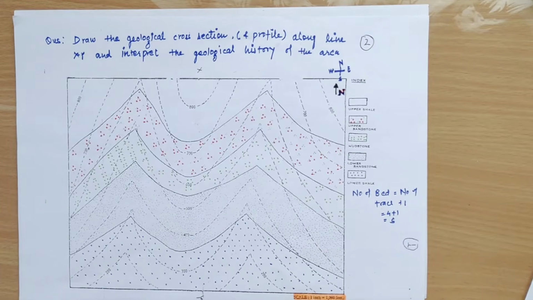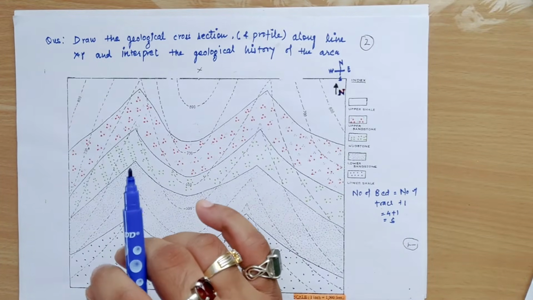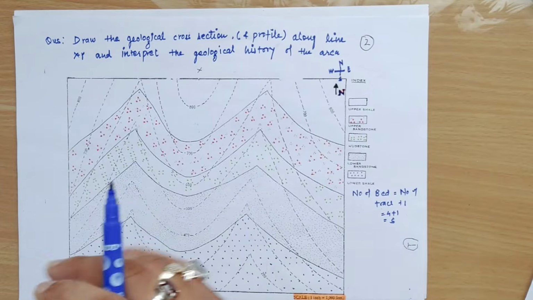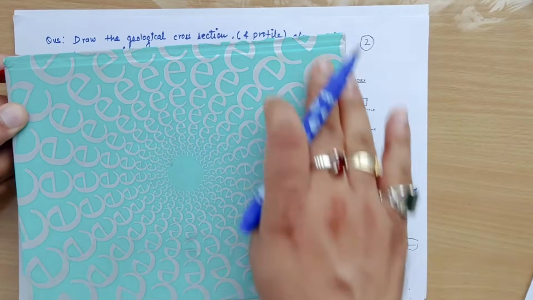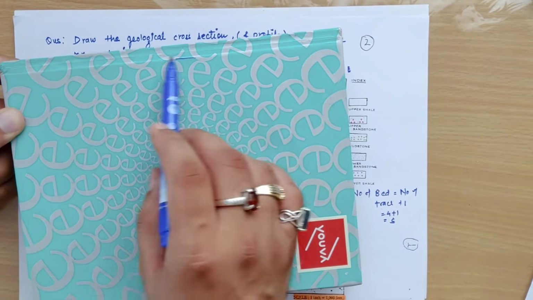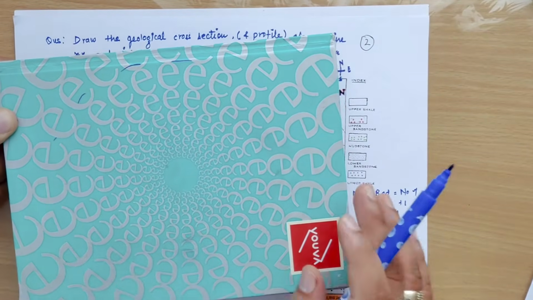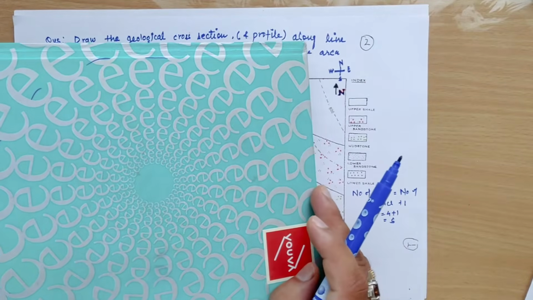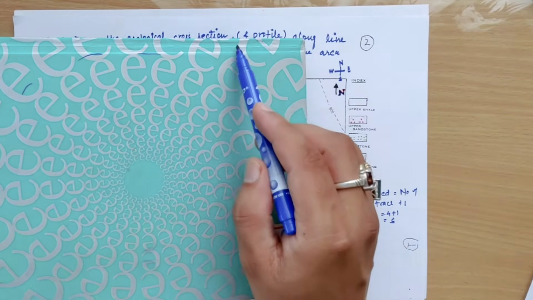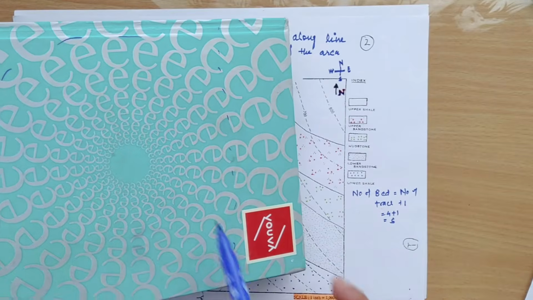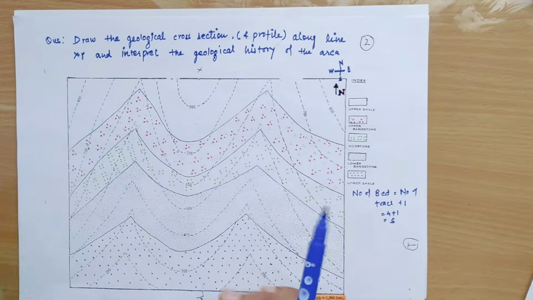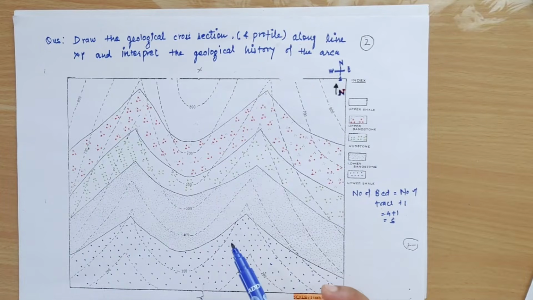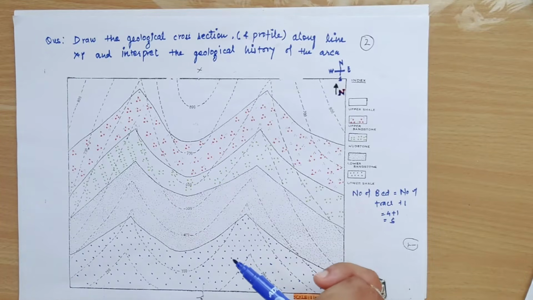That can only happen if one particular trace is inclined. Suppose this is the trace of a bed and it lies at one particular height, there will be only one contour line on it. But if it is inclined, then we are going to have more than one value of contour line because this trace is lying at different heights. It means the beds in this map are not horizontal, rather they are dipping with some amount.